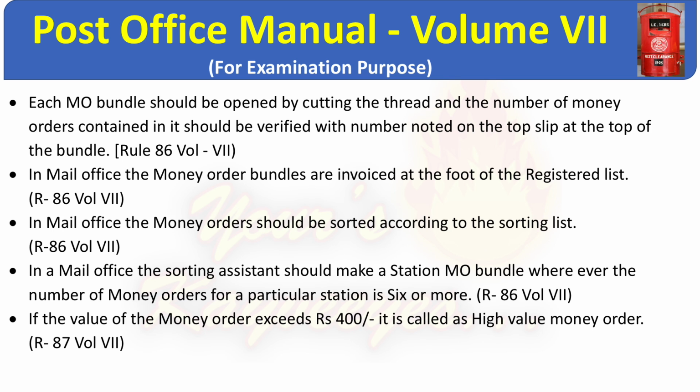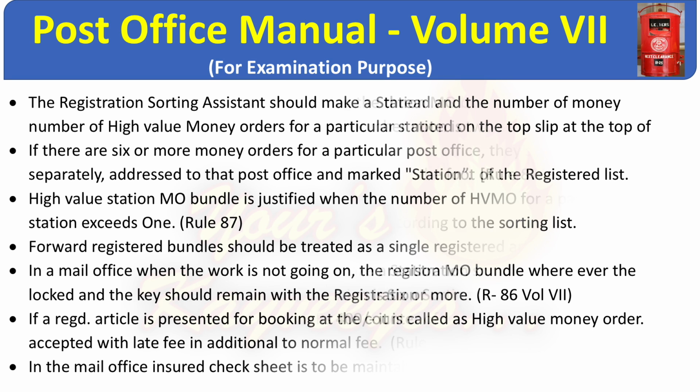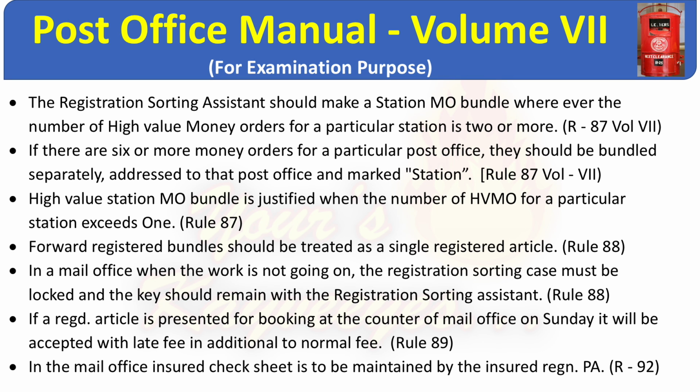Rule number 86. If the value of the money order exceeds Rs 400, it is called a high value money order. Rule number 87. The registration sorting assistant should make a station MO bundle wherever the number of high value money orders for a particular station is 2 or more. Rule number 87.